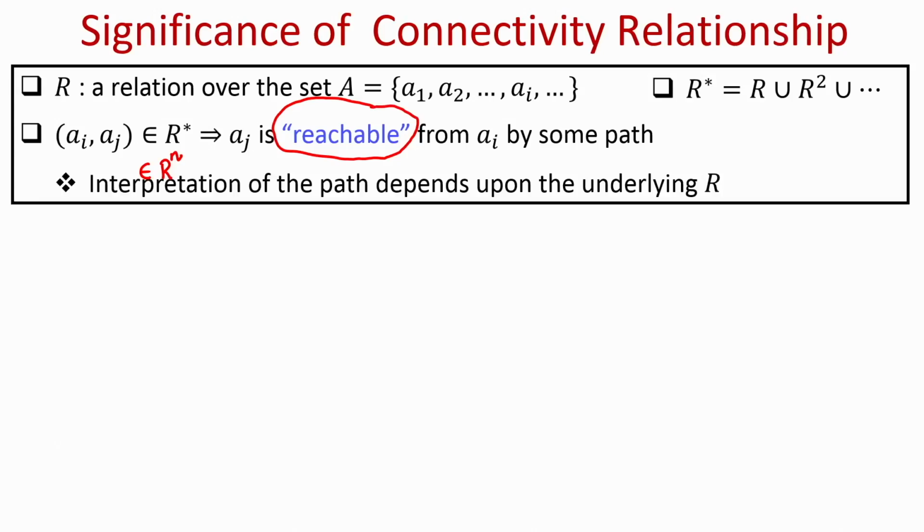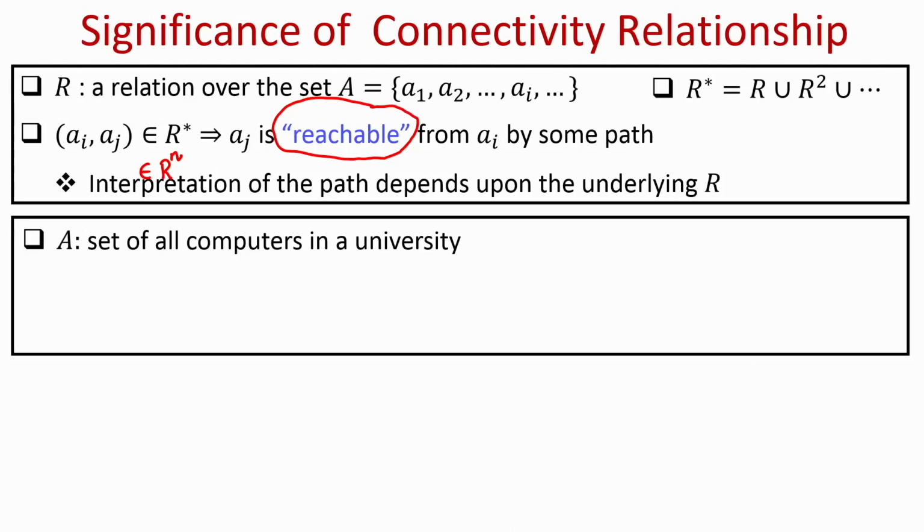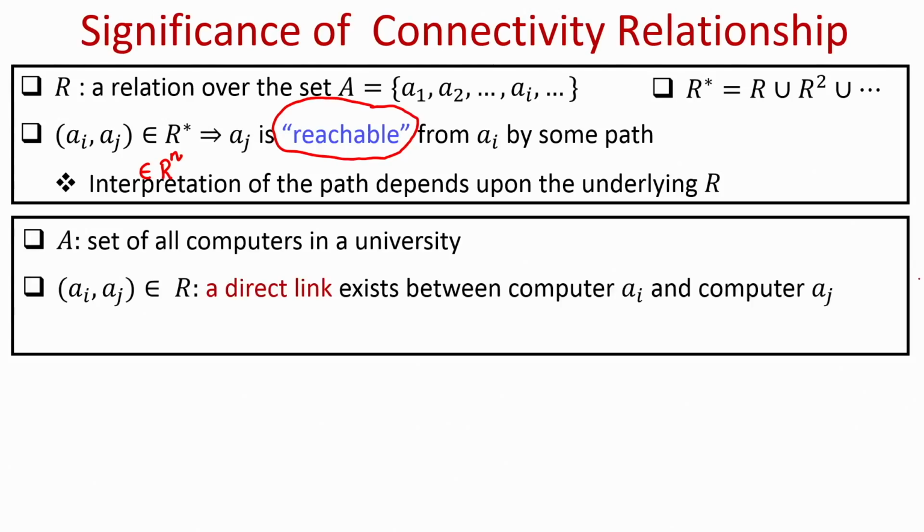Now, the interpretation of this path depends upon what exactly is your underlying relation. So, for instance, imagine A is the set of all computers in a university, and I define a relation between two computers as follows. I will say that computer A_i is related to computer A_j if there exists a direct link between them. That means A_i can directly send a message to the computer A_j by the channel or the cable through which it is connected.